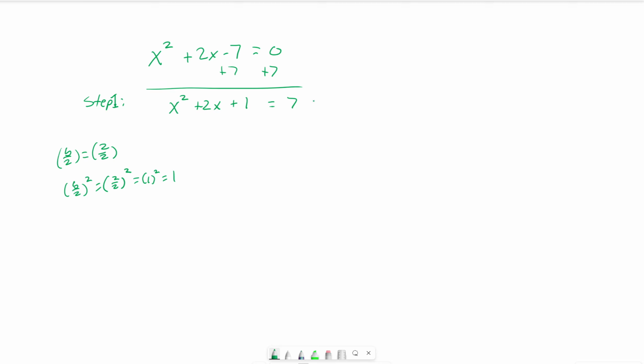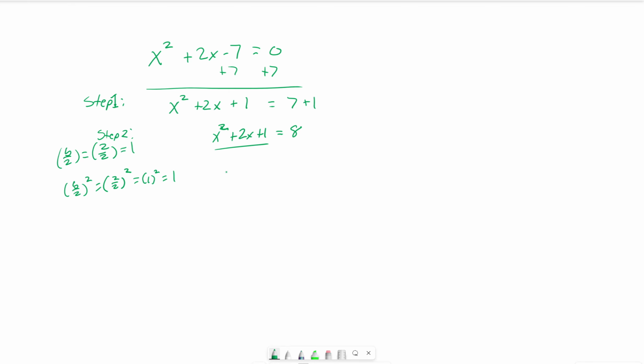It's always going to be a positive number, actually. I'm going to add 1 to both sides. And I get x squared plus 2x plus 1 equals 8. Okay, so that was step 2. Now I'm going to go ahead and complete this perfect square trinomial. So we found out that our b over 2 is equal to 1.